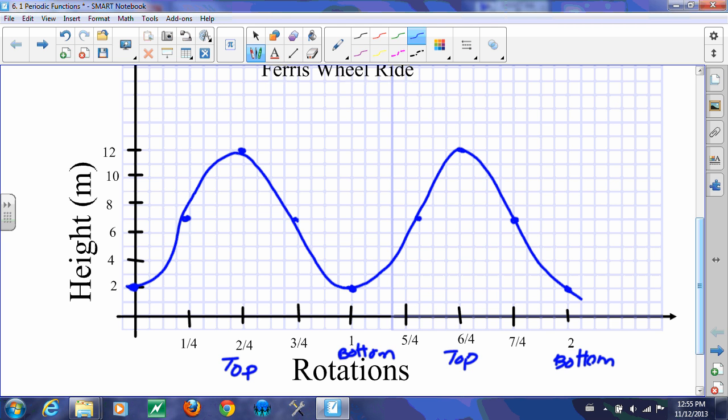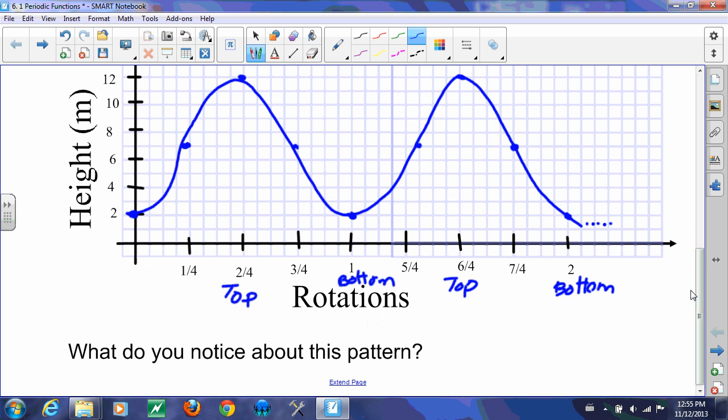In the future, we will see where this trend continues, because you'll learn that some of these patterns repeat. Just pretend you were going 8 or 9 rotations around on the Ferris wheel. That pattern would continue, going back up to a maximum, back down to a minimum. So what do we notice about this pattern?